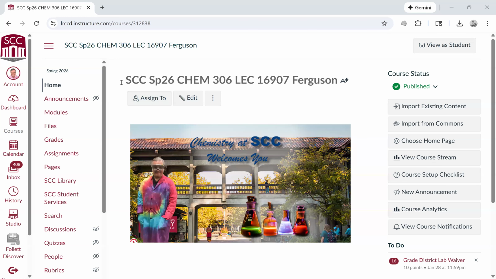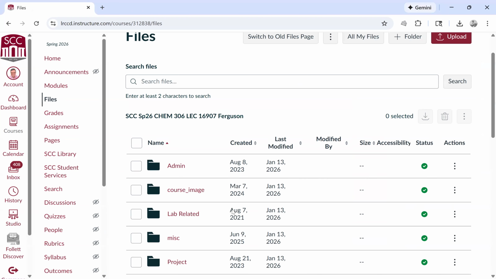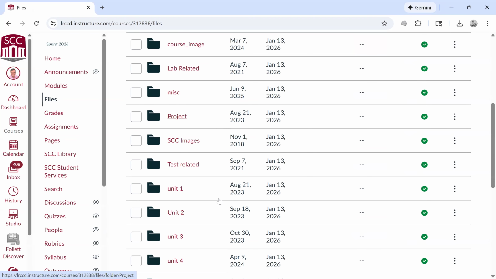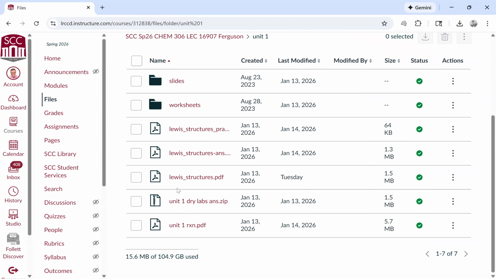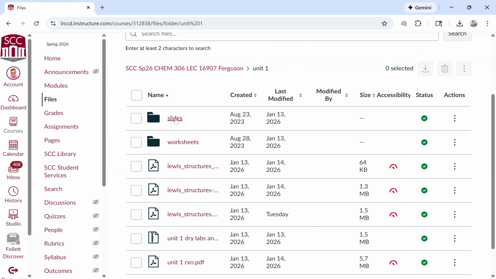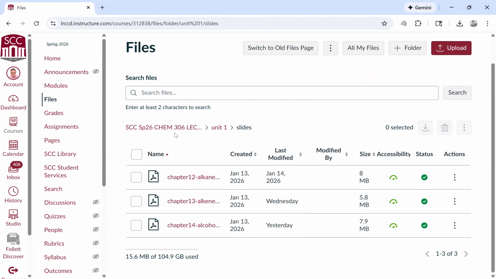Okay, here I am in my tie-dye lab coat. We're going to go to Files. Unit 1. Slides. And there they are.